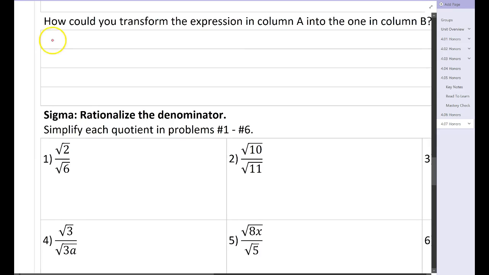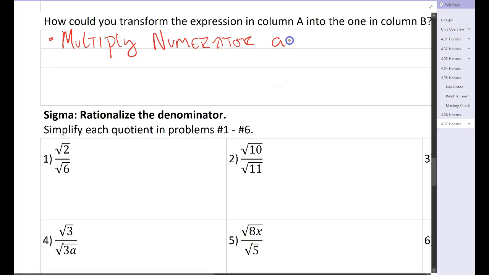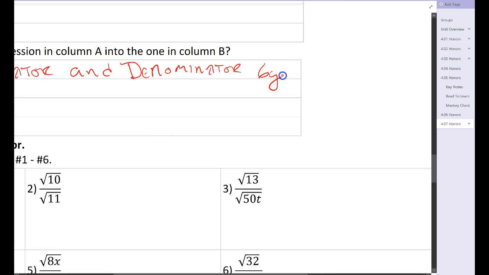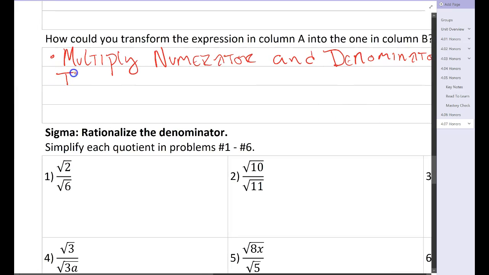So I'm going to write: multiply numerator and denominator by the radical.